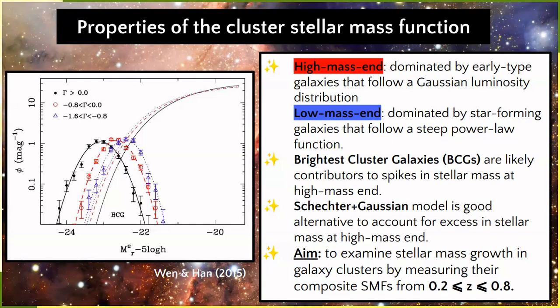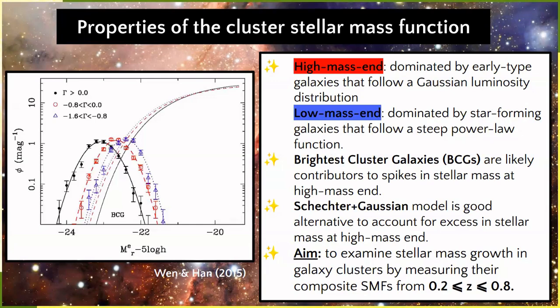Alternatively, as we see here in this figure, a Gaussian function can be used to model the high mass end. So this figure is taken from a study from Wen and Han on luminosity functions, but the principle is the same. So this essentially means fitting a Schechter function to the low mass end plus a Gaussian to the high mass end.